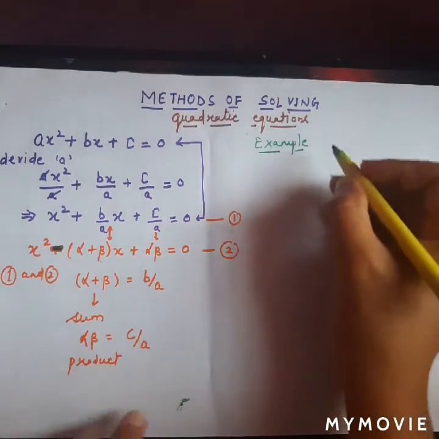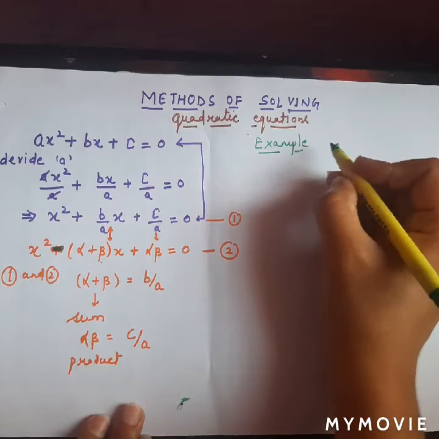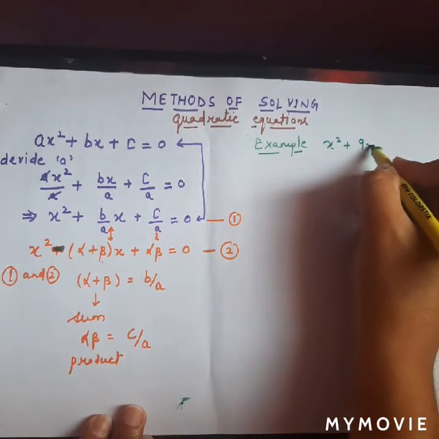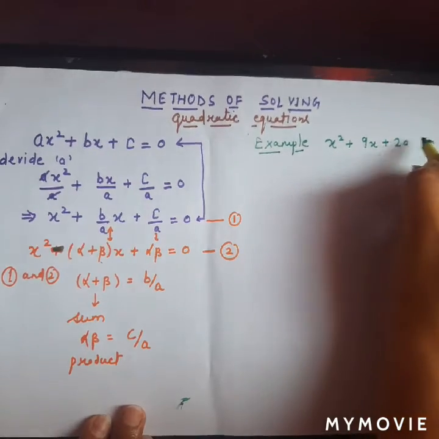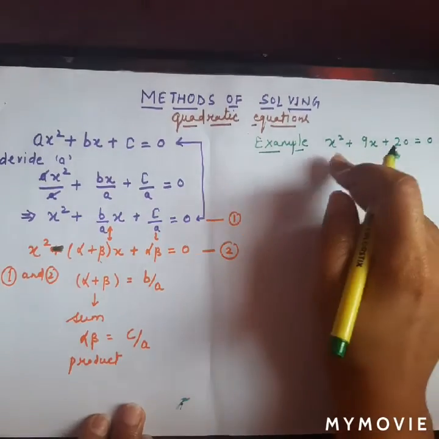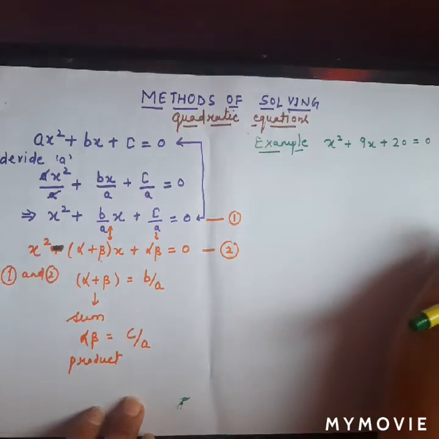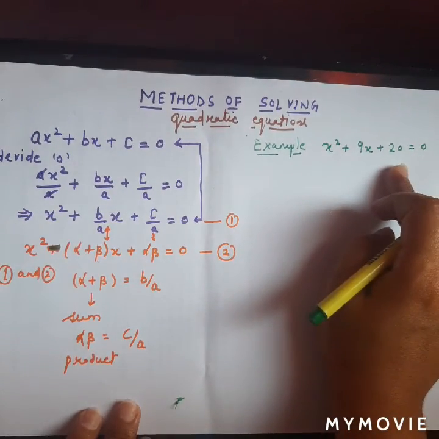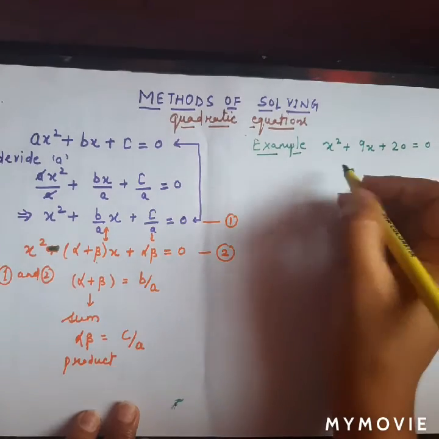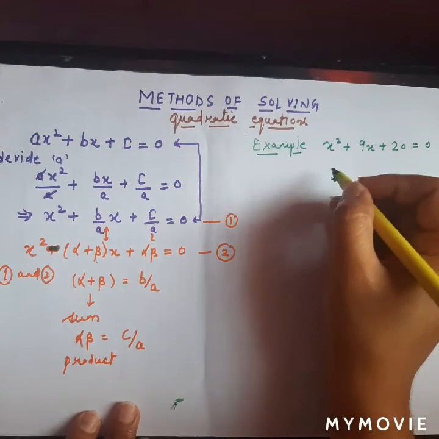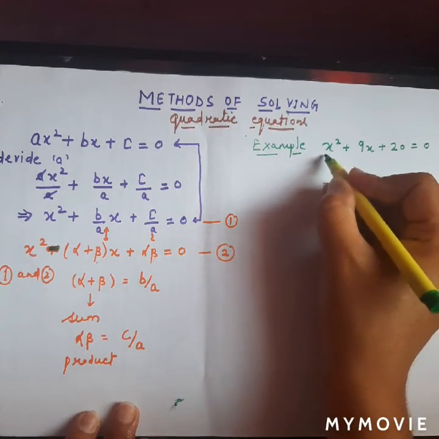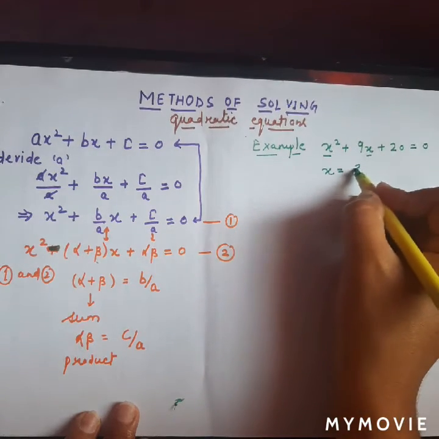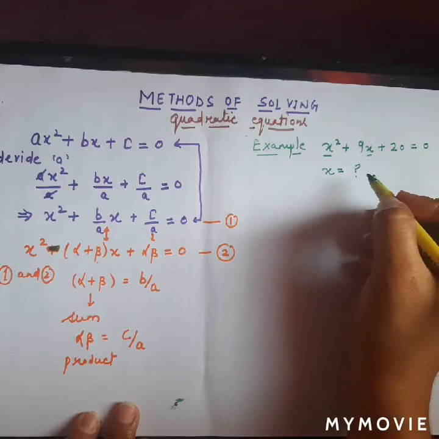Write down x square plus 9x plus 20 is equal to 0. Suppose you get a question to find the roots of this quadratic equation. When we need to find the roots of a quadratic equation, that means we have to find the value of x.